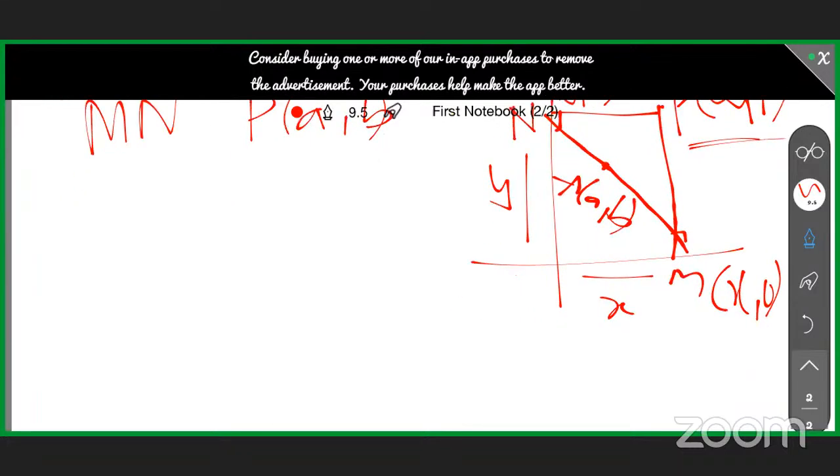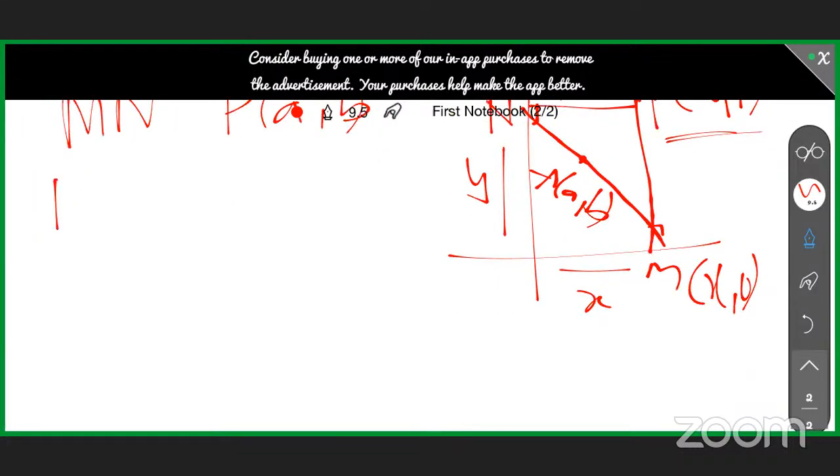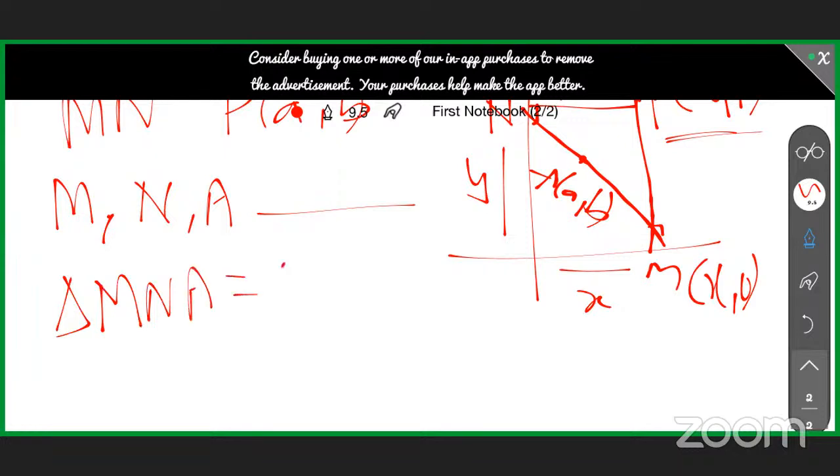So therefore, M, N, A are in a straight line. That is collinear. One of the concepts of collinear we discussed in 2D geometry was area of triangle. Area of triangle MNA is equal to 0.